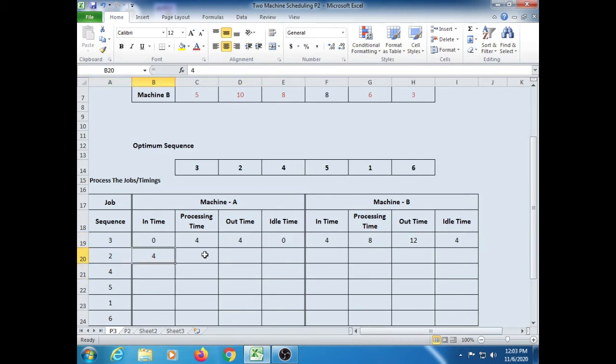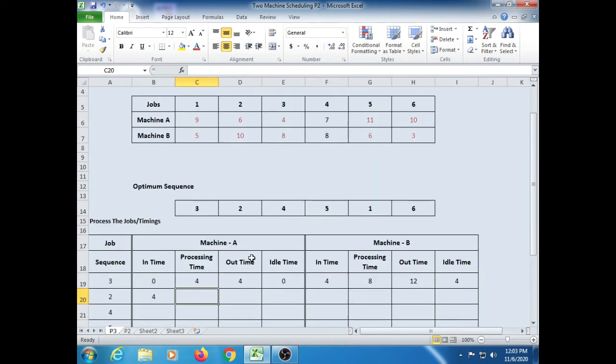So what is the processing time? The processing time of job 2 on machine A is 6.